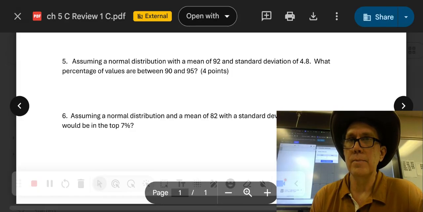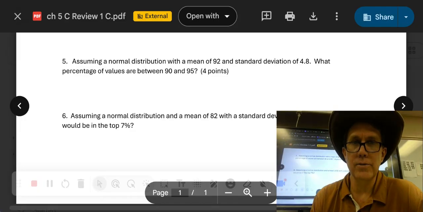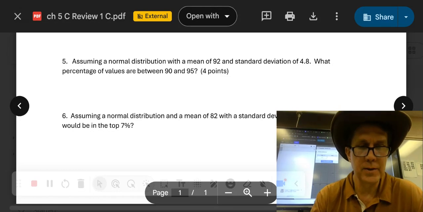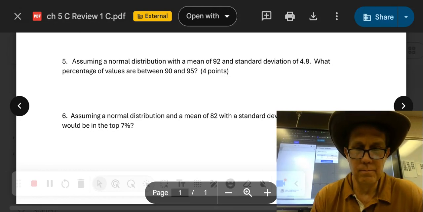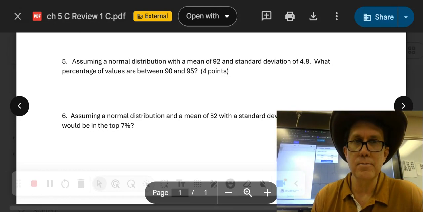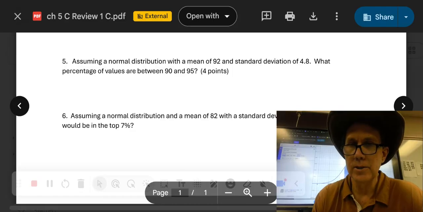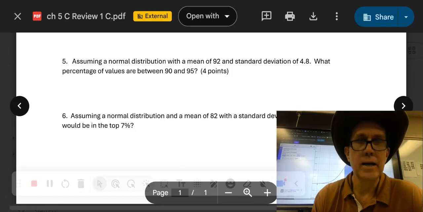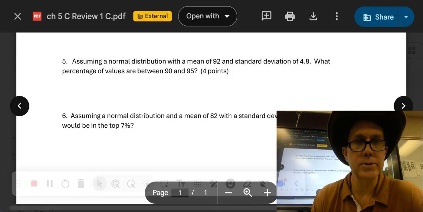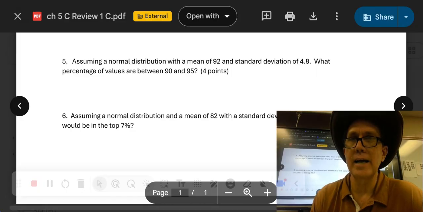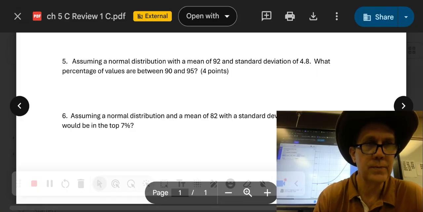I'm going to put it on the mean of 92, standard deviation of 4.8. Now, since I'm setting the mean and the standard deviation, my cumulative probability, I'm going to put it on inner, which is in between two numbers, and those two numbers are going to be 90 and 95.